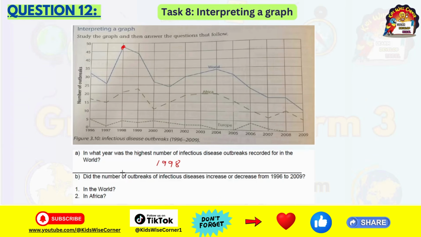Did the number of outbreaks of infectious disease increase or decrease from 1996 to 2009? So the number of infectious outbreaks in 1996 in the world was maybe around 32.